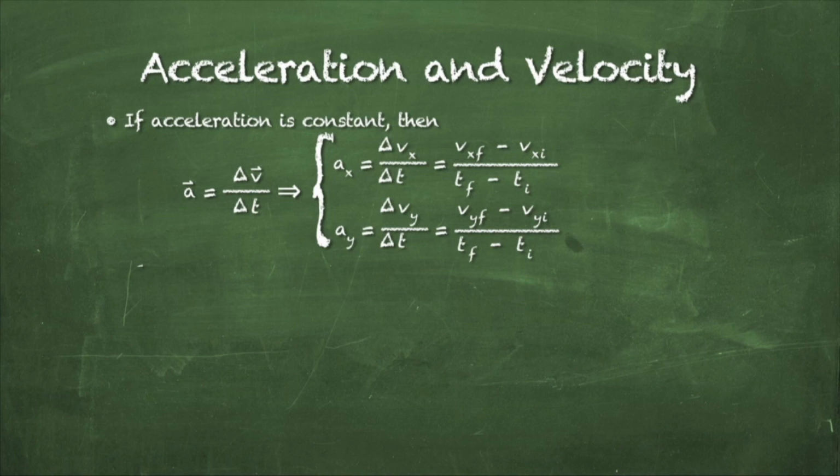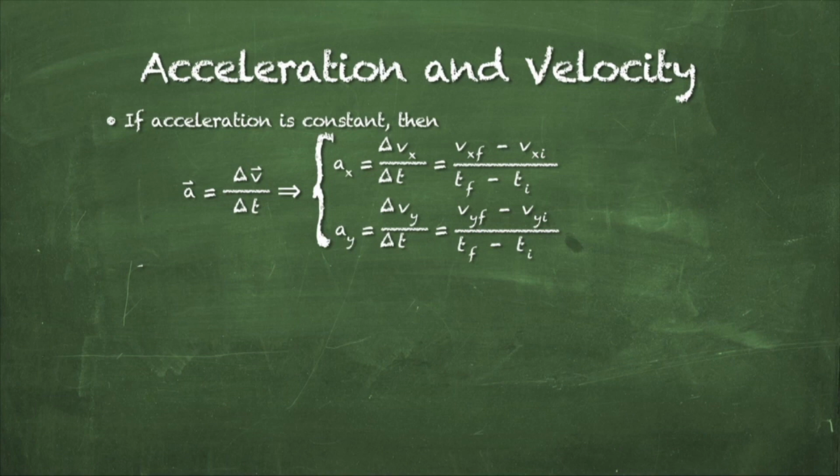The x equation is the acceleration in the x direction, or a sub x, is equal to the change in the x component of velocity, or the change in v sub x, divided by the change in time. Now time is not a vector quantity. Time is a scalar quantity, and it's going to be the same delta t in both the x and y equations. There's no x component of time or y component of time. Time has no direction in space.